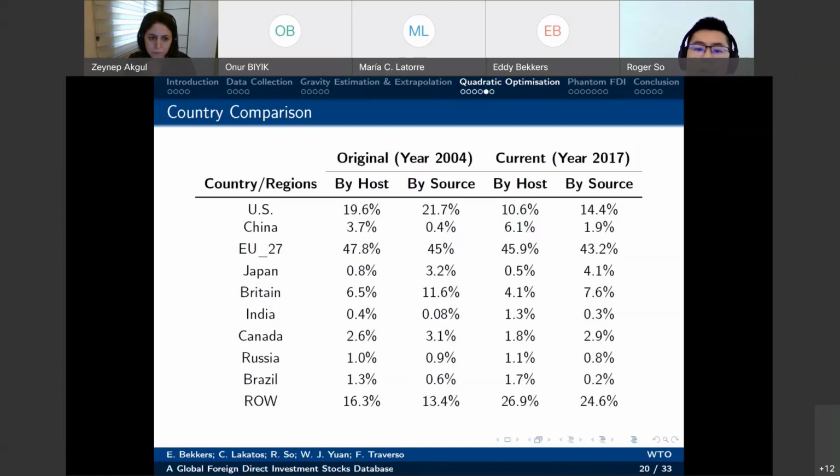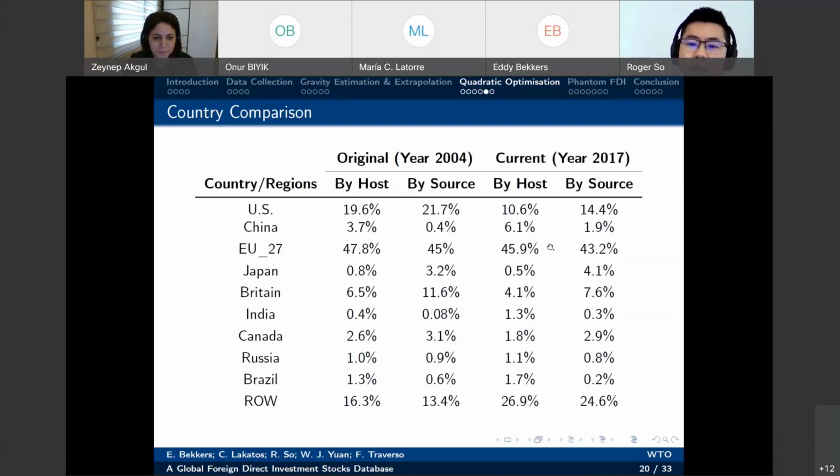So even though the absolute percentage change is within single digit, especially if you look at India, 0.4 to 1.3, which is less than 1 percentage point change, they still represent huge changes because we're looking at FDI stock. I'm pretty sure that if I were to do an update for the FDI flow, you would see the percentage change be much bigger.